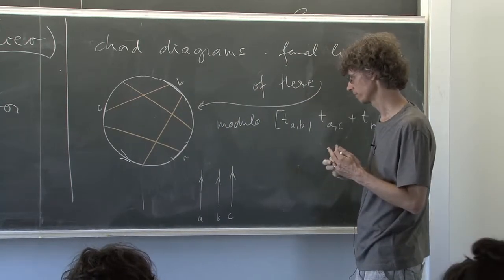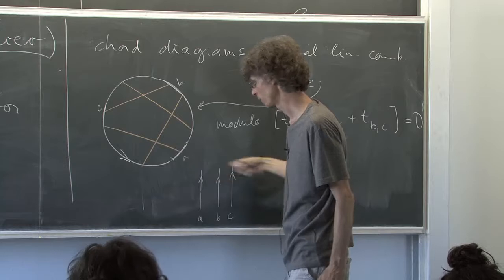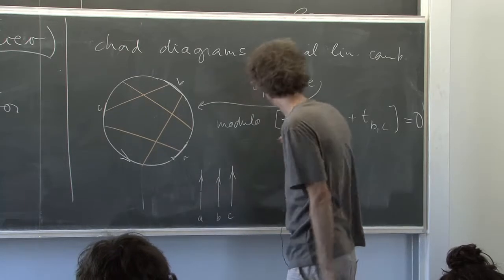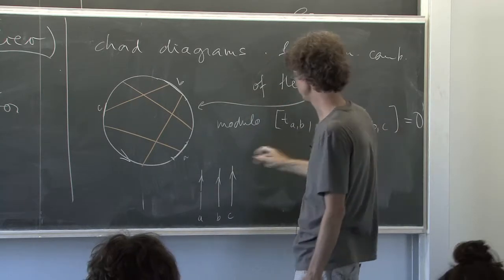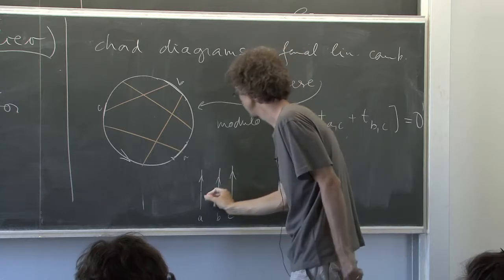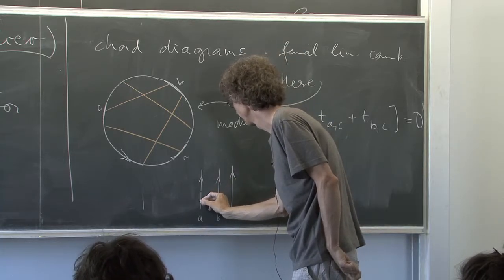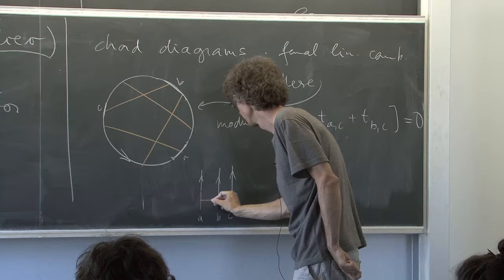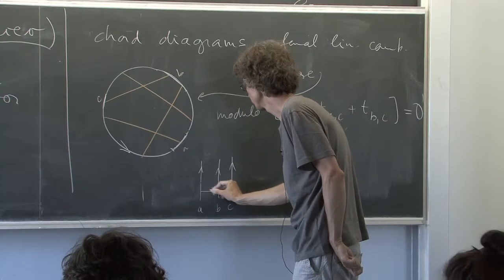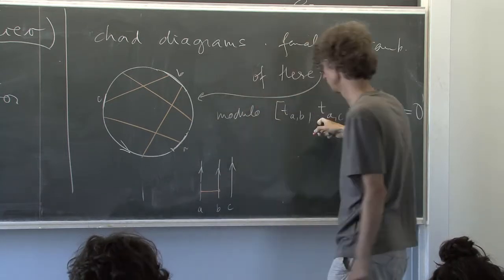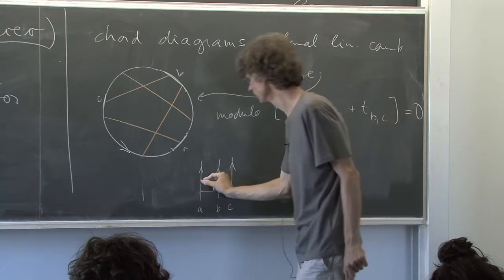And suppose that now in this little part I can draw what this means. So T_AB will go like this, and now here is T_AC.